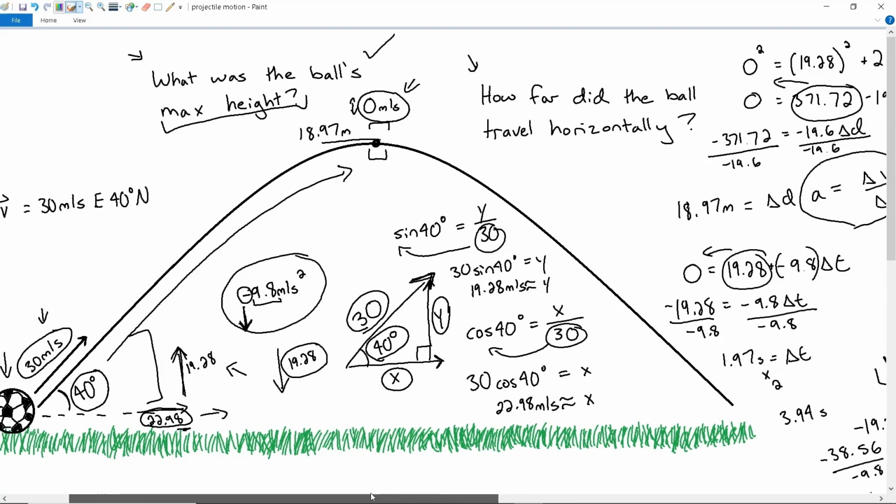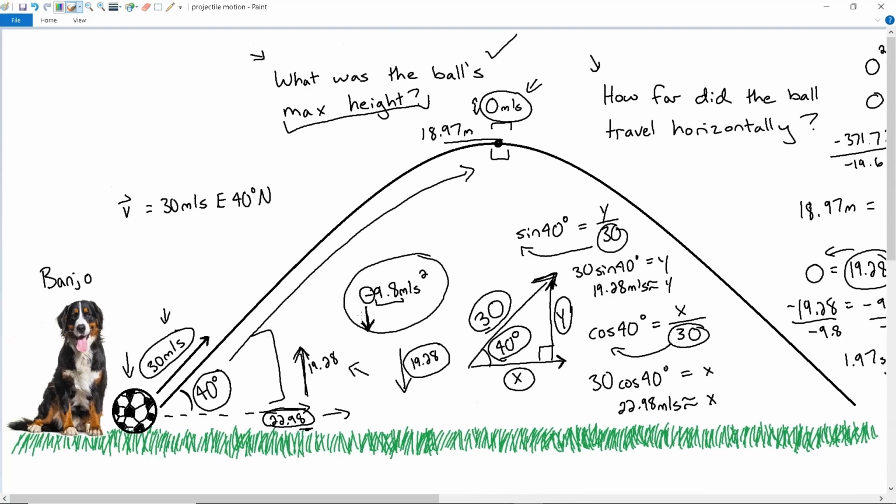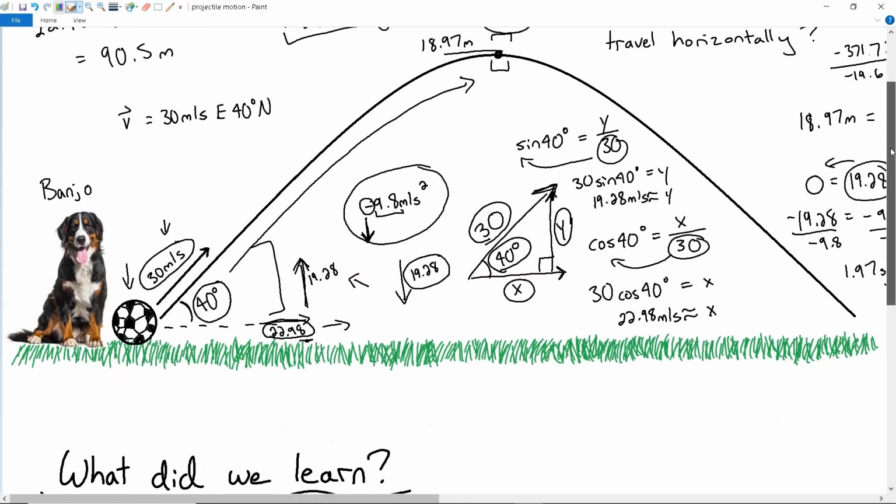And now that we have time, we can just multiply our horizontal velocity by that amount. So 22.98 meters per second times 3.94 seconds gives us a total horizontal distance of about 90.5 meters. So that is our second question complete. So let's just do a quick overview of the key concepts here.